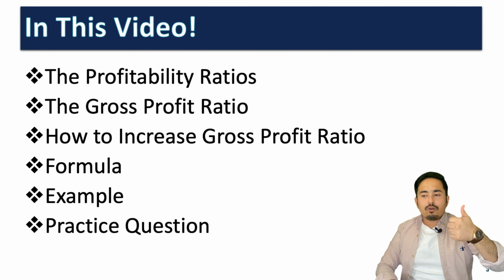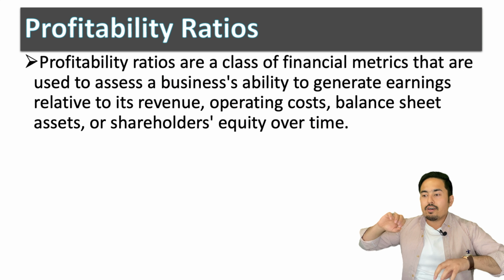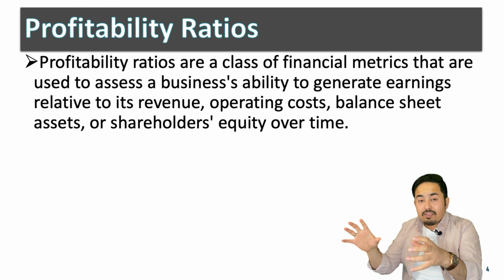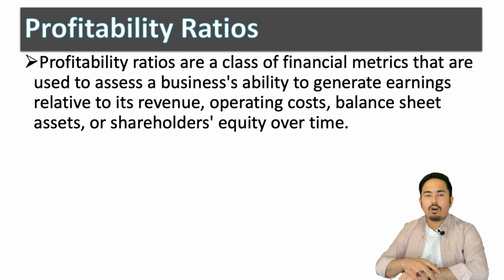First of all, the profitability ratios are a class of financial metrics that are used to assess a business's ability to generate earnings relative to its revenue, operating costs, balance sheet, shareholders' equity over time. But overall, it is used to understand how the company is generating its profit in comparison to another fixed item, which can be a balance sheet item, revenue, a specific expense, operating costs, or shareholders' equity.